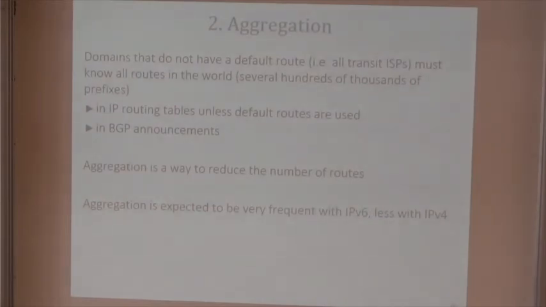This is the desirable property, that's the principle of IPv6 addresses. We can aggregate them if we are served by a given ISP. There's no reason that the rest of the world knows exactly the details of our prefix.